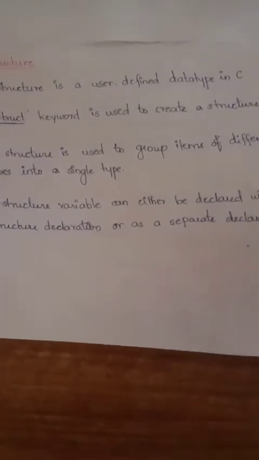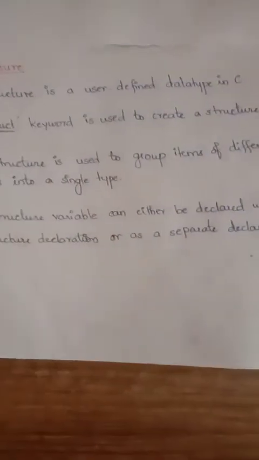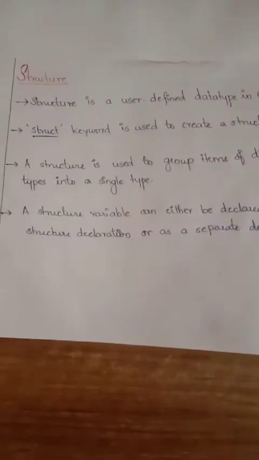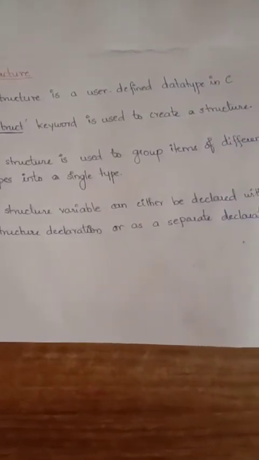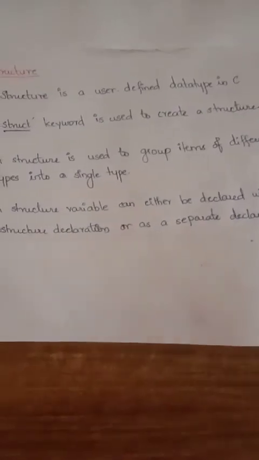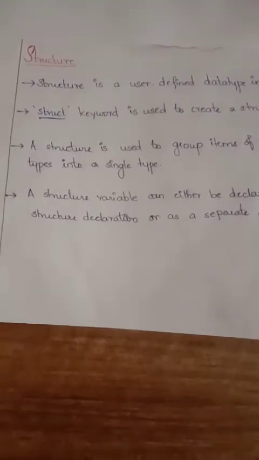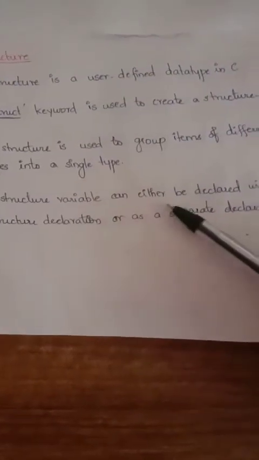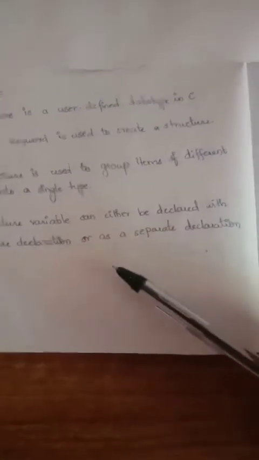I can access students only through the tutor. Same way, once you define a structure, it is mandatory to have a structure variable to access them. A structure variable can be declared either with the structure declaration or as a separate declaration.